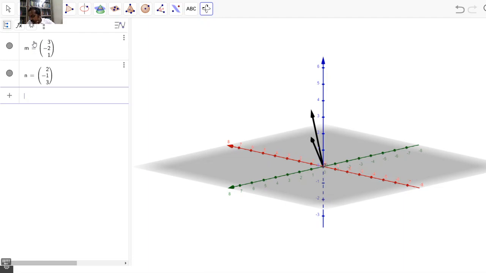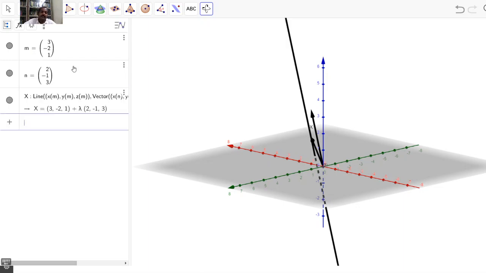Now you plot the line in the direction: x is equal to m plus t star n.